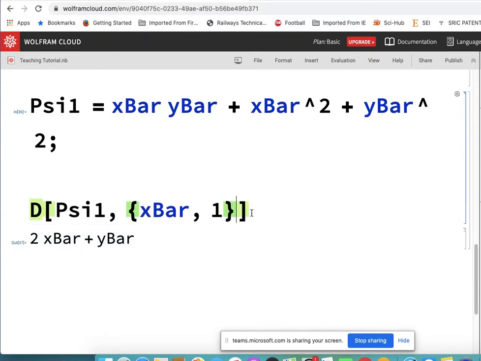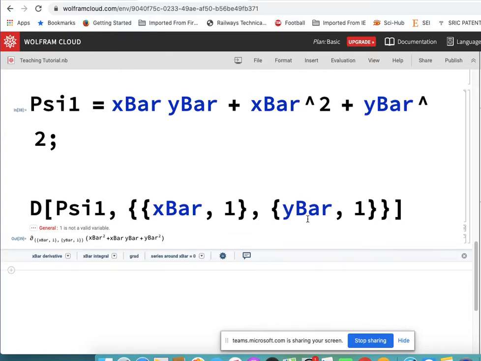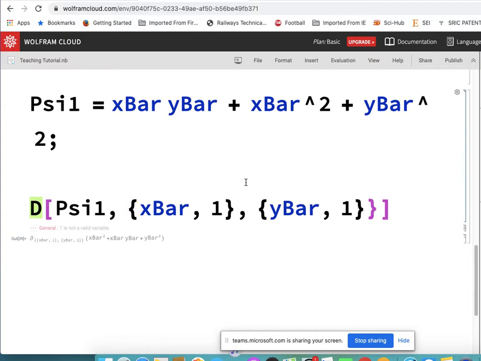Now if I want to differentiate it once with respect to x bar and once with respect to y bar, so d square psi 1 by dx bar dy bar, this will be the syntax, first with respect to x bar, then with respect to y bar. Only this term survives when you differentiate with respect to both x bar and y bar.